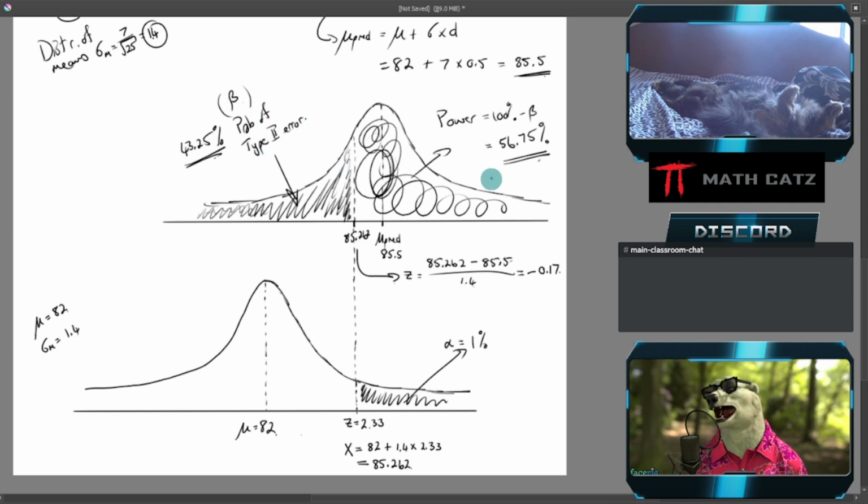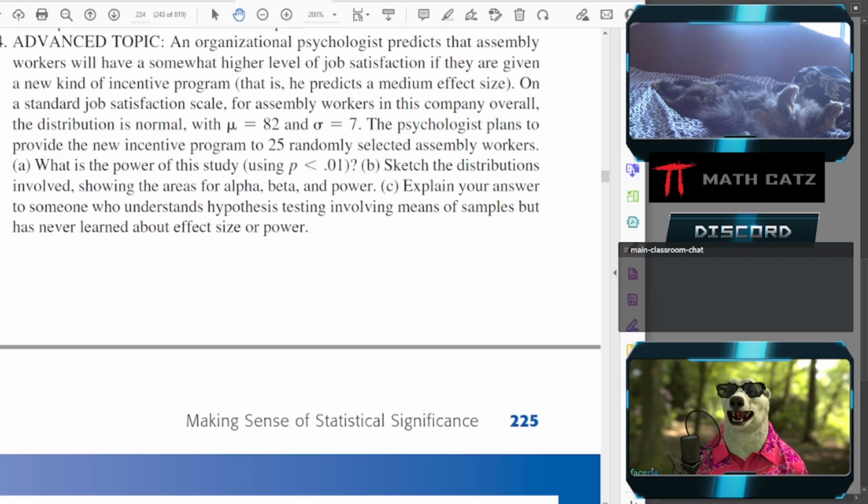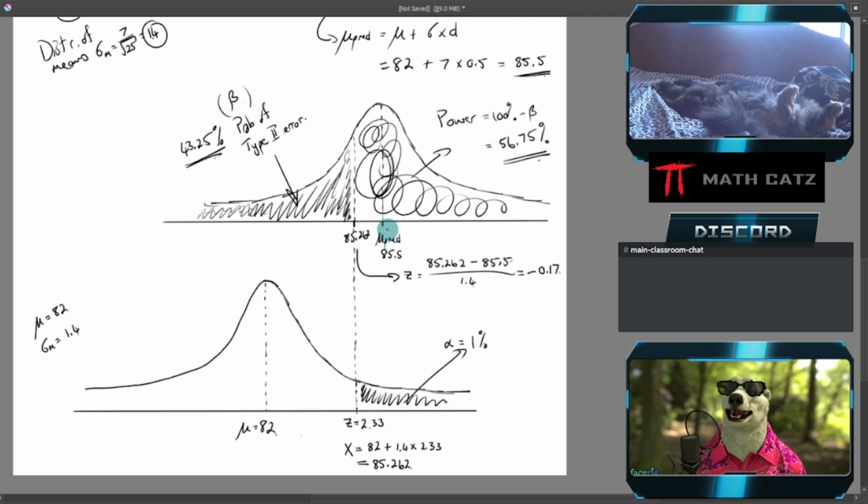And I can rephrase that in terms of the power. So the bigger the change, the bigger the effect of this incentive program, the more the top distribution is going to shift, in this case to the right. And the further to the right it is, the smaller this left type 2 error area is going to be.